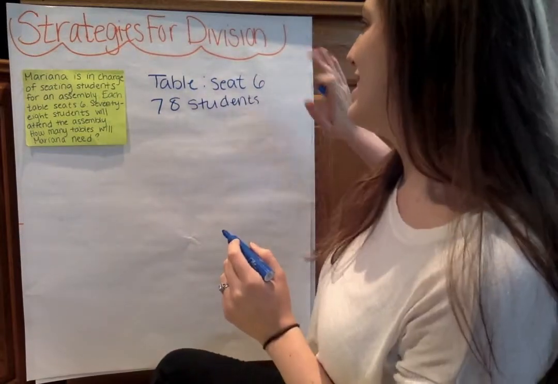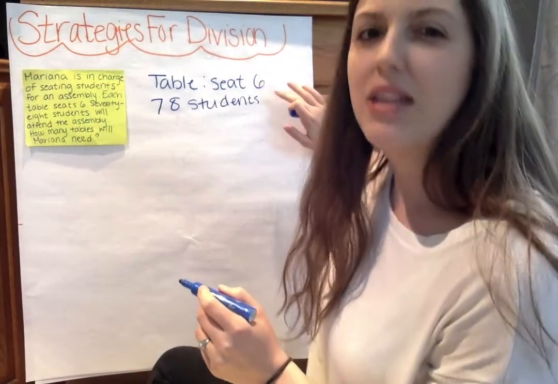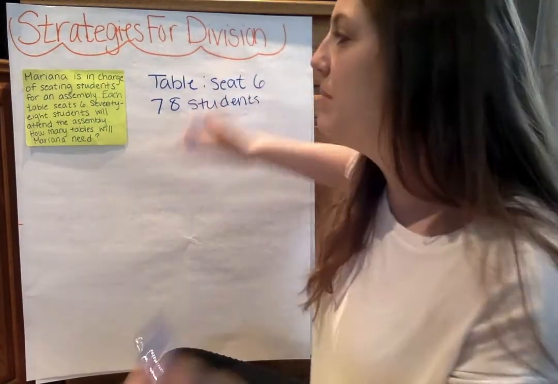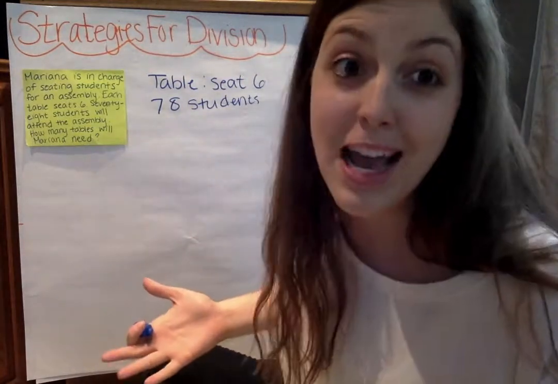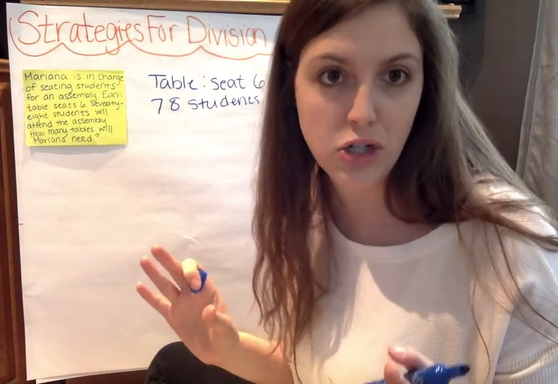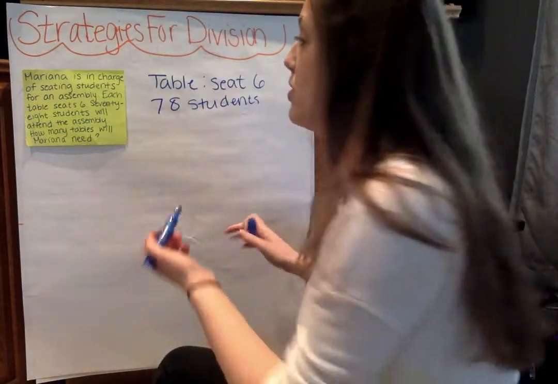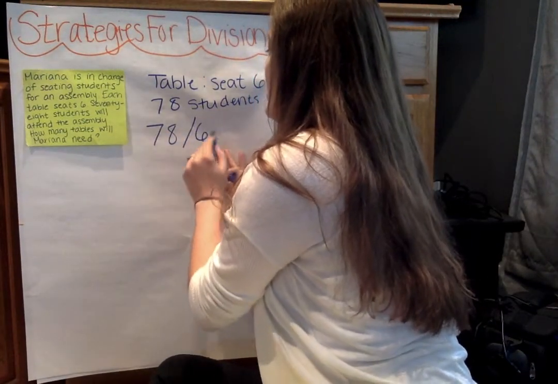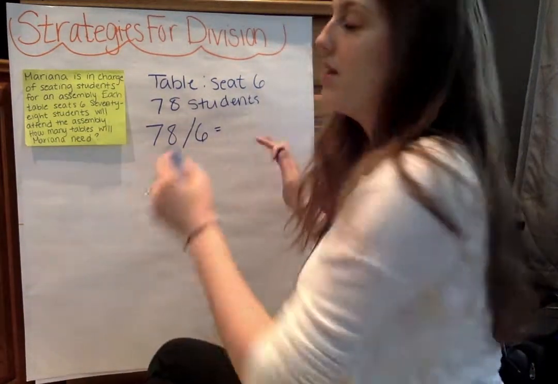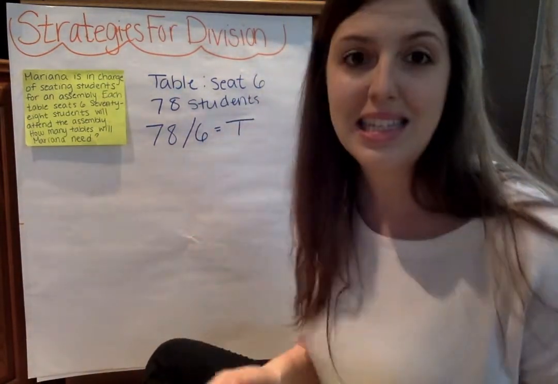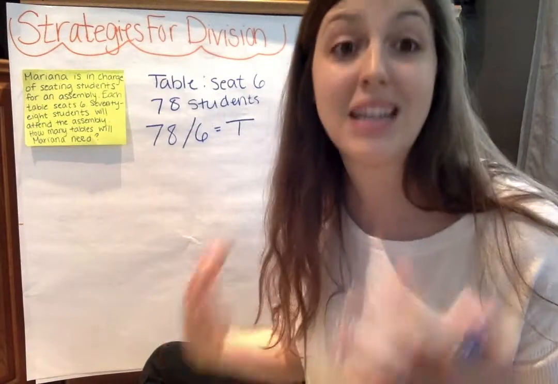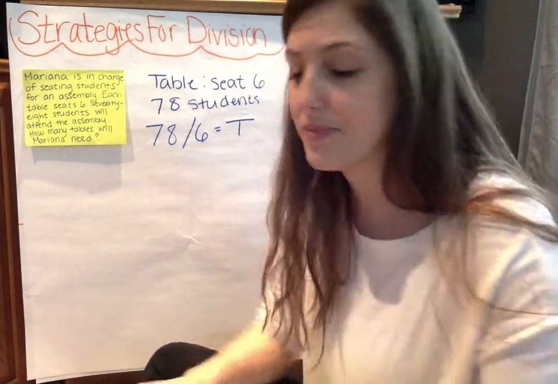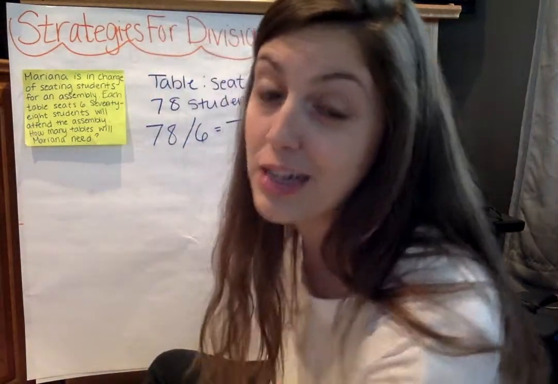So if there's 6 people to a table, and there's 78 people in all, and I need to find out how many tables Mariana actually needs, I'm going to use division. My equation is 78 divided by 6 will equal the number of tables. I'm going to write T as my unknown. Remember, we use letters to represent unknowns. So I need to now figure out how to solve this problem.